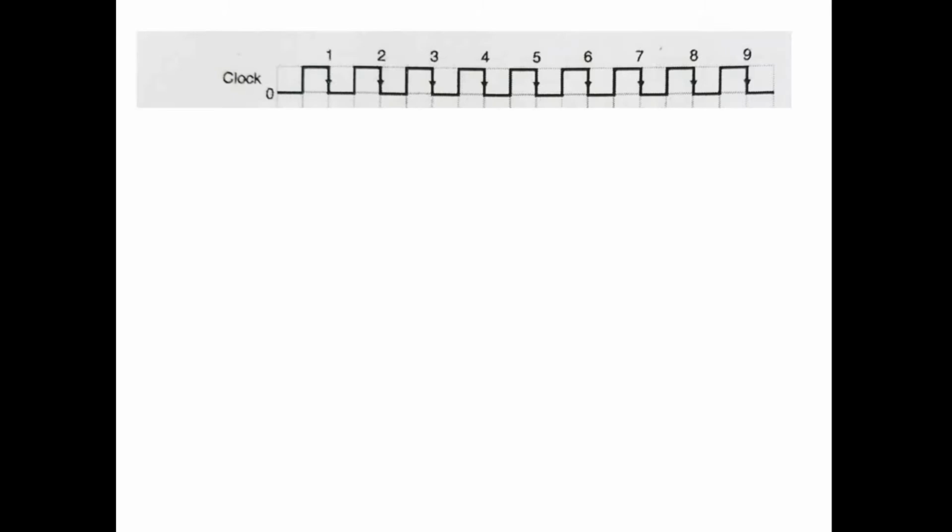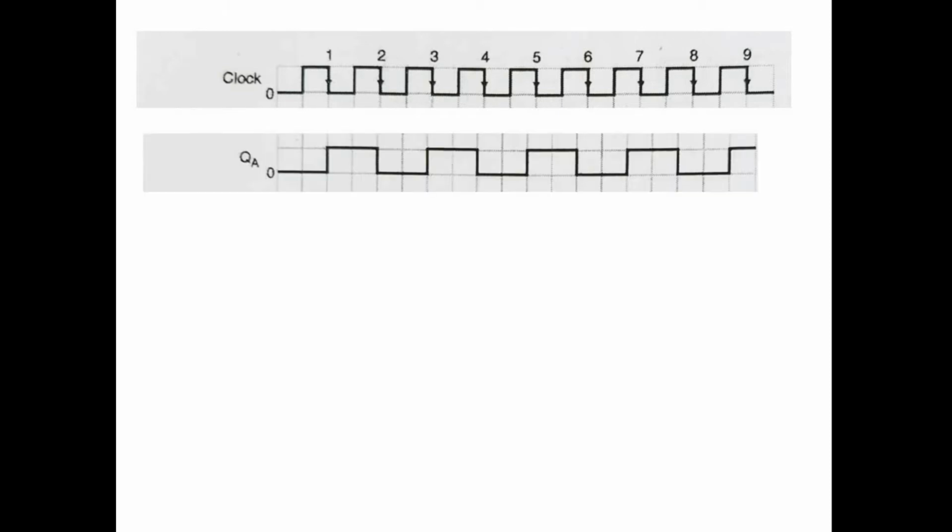So now we will see the timing diagram for this particular counter. Now you can see the clock. As you know, each clock pulse is numbered 1, 2 and so on. From our figure, we see the output changes when the clock is negatively triggered.